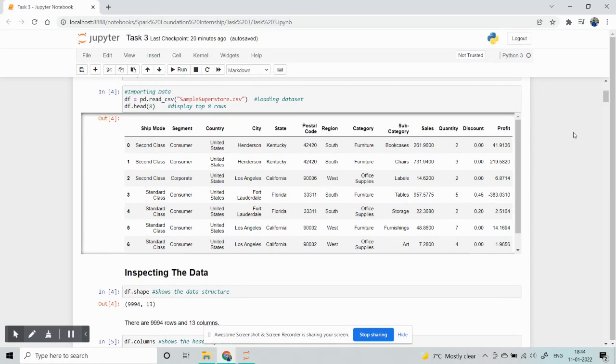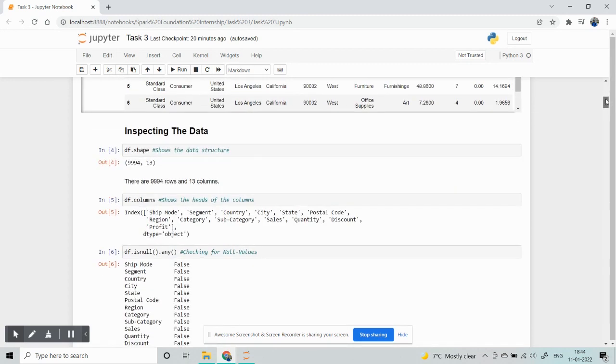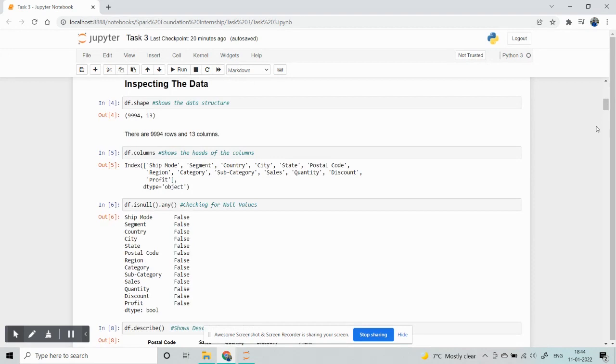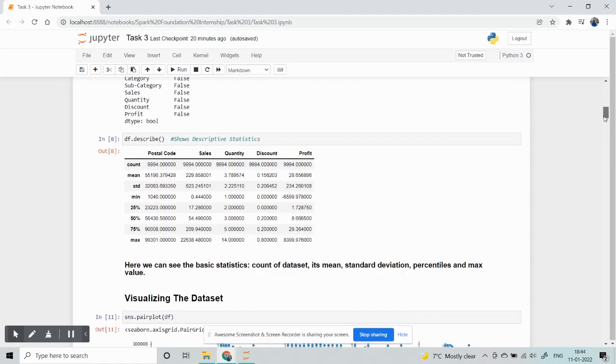Now on inspection, I can see that there are 9,994 rows and 13 columns. There are no null values in any of the columns. Using .describe, I can check the basic statistics, that is the count, mean, standard deviation, percentiles, max values, etc.